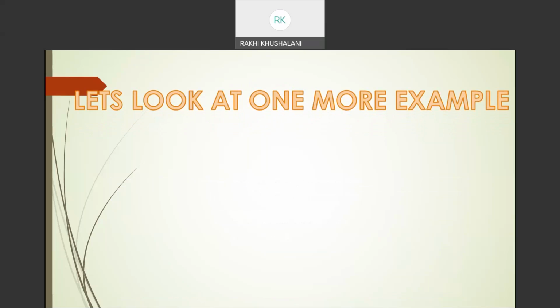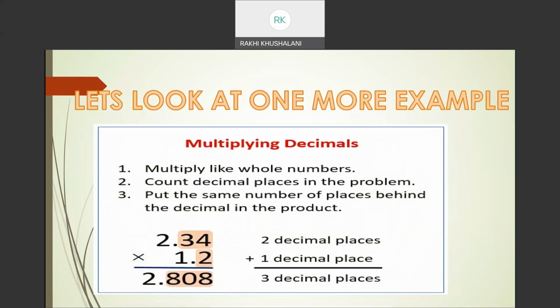Look at one example, that is multiplying the decimals. Multiply like whole numbers. So if I have 2.34 and if I have 1.2, these are the two factors that I have to multiply. I will consider them as regular whole numbers, that is 234 and 12. Count the decimal places in the problem. Now, when we are counting the decimal places towards the right, as I said, raise your right hand. तो जो decimal के बाद में जो होता है उसको count करना पड़ता है.